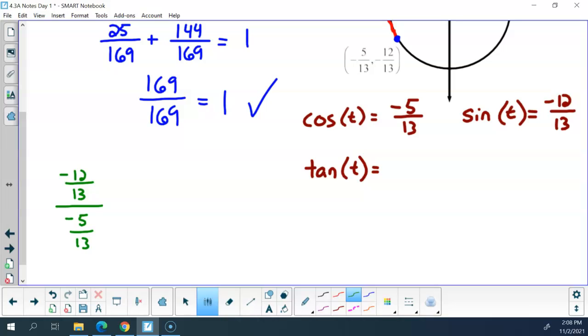Keep, change, flip? Okay. Oh yeah, okay, I got you. I didn't remember what change was. Change the sign, right? Okay, so we keep the top one. Change the operation to multiplication. And do what with the other one? Flip it. So what do we get? 12/5. No?